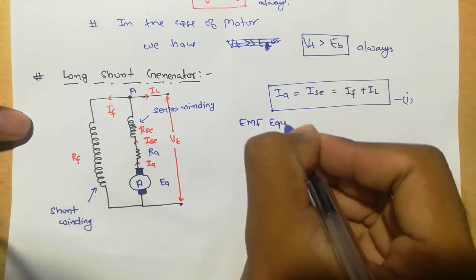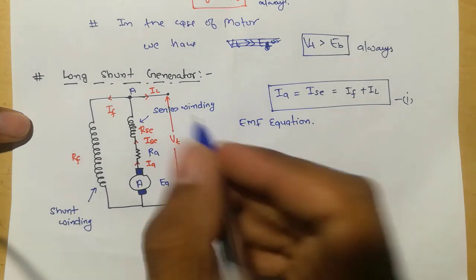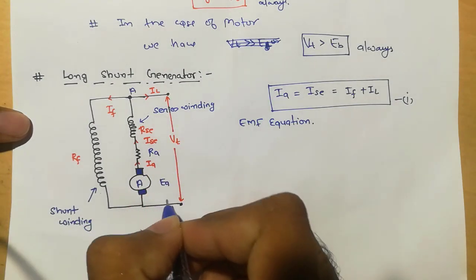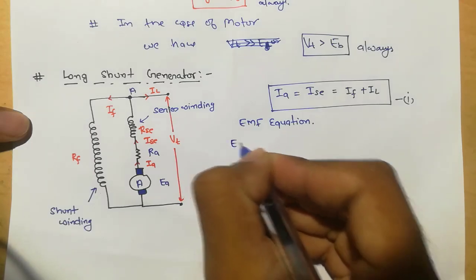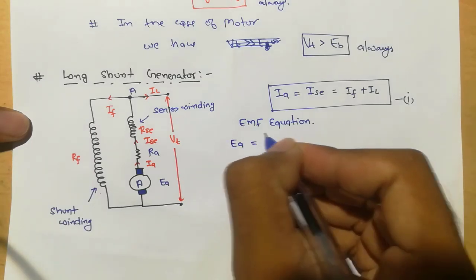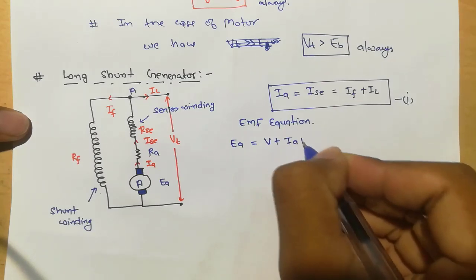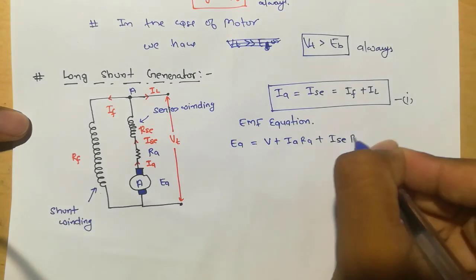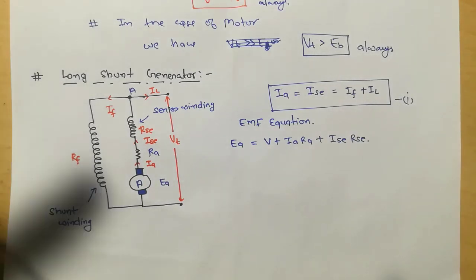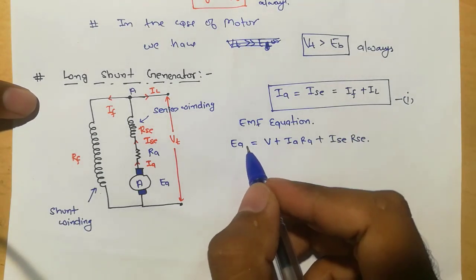Now talking about the induced EMF equation. Apply KVL here. By applying KVL, we have EA is equal to VT plus IA RA plus ISE RSE. This is our EMF equation.